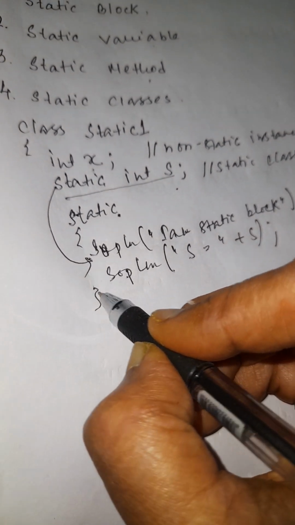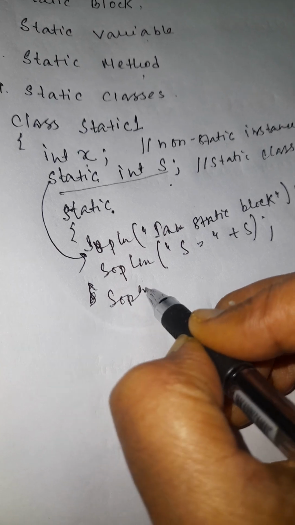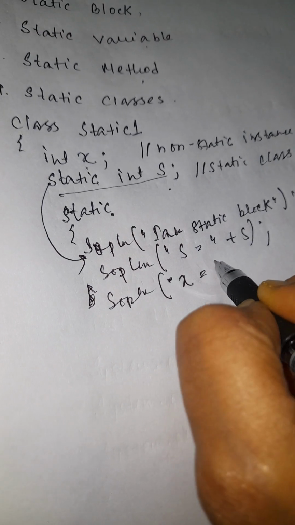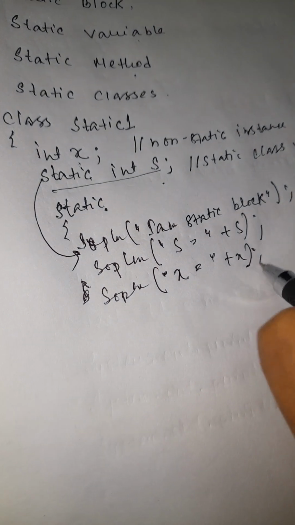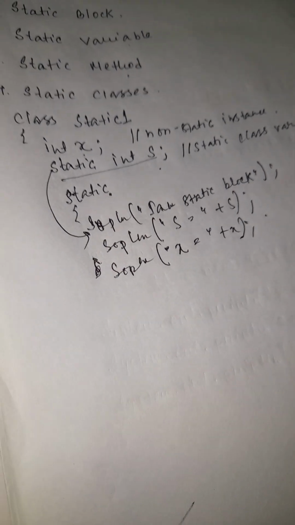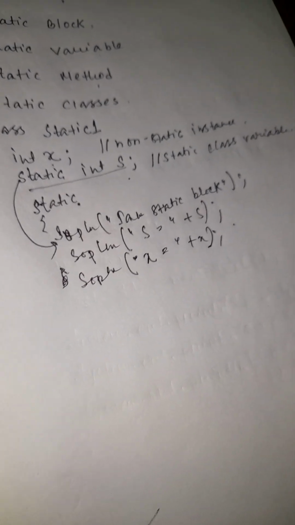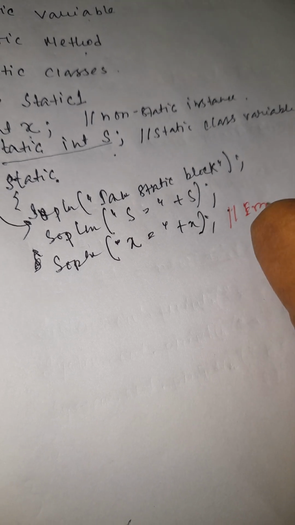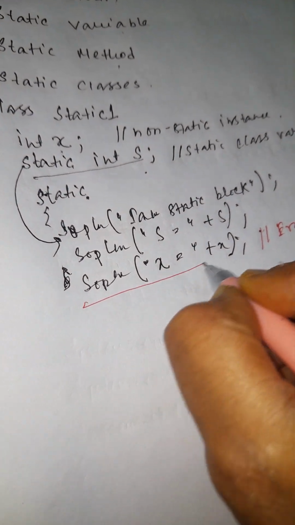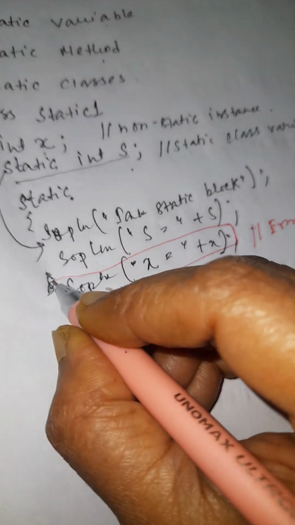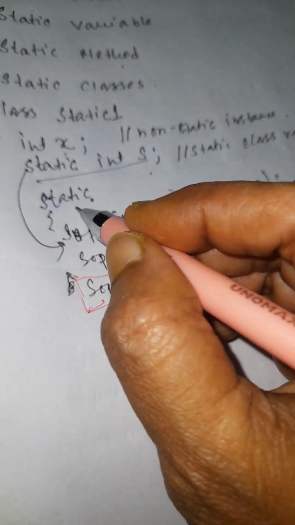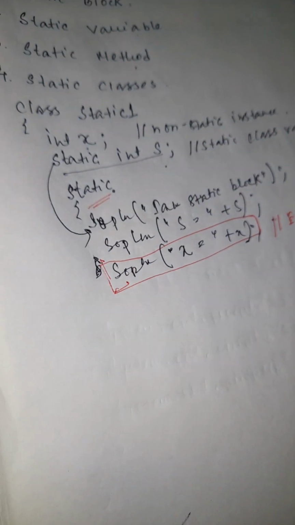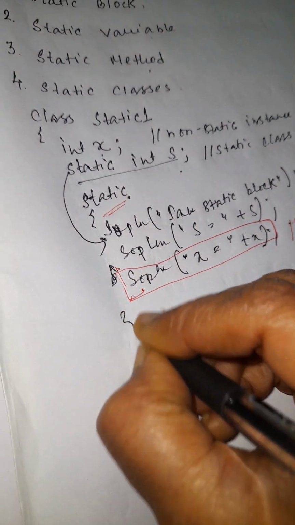Clear? If you want to print SOPLN x equal to plus x, it will give error. This part will give error. Why? Because x is a non-static member. Non-static member you can't access within the static block. Clear? So this part will give the error.